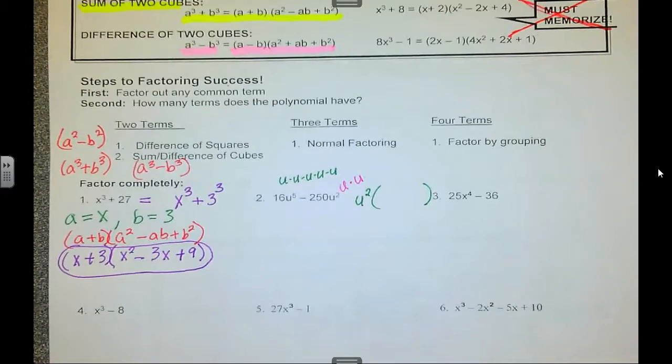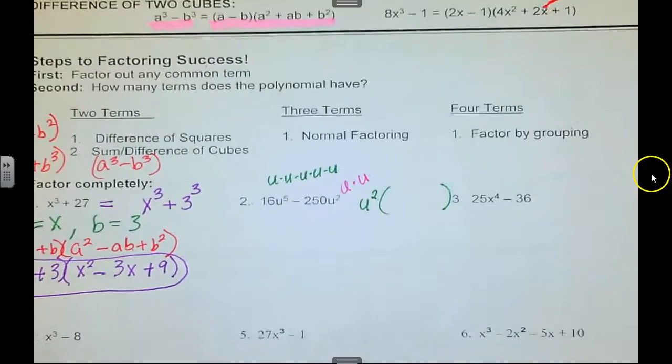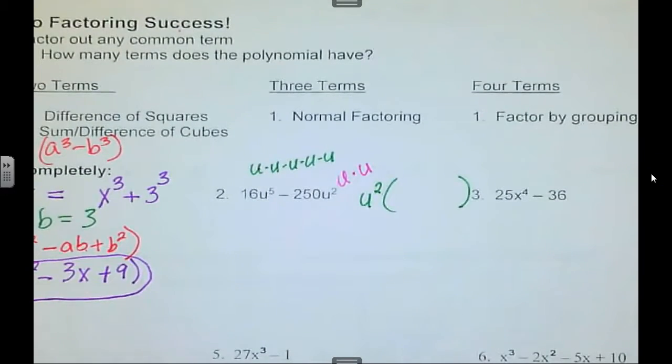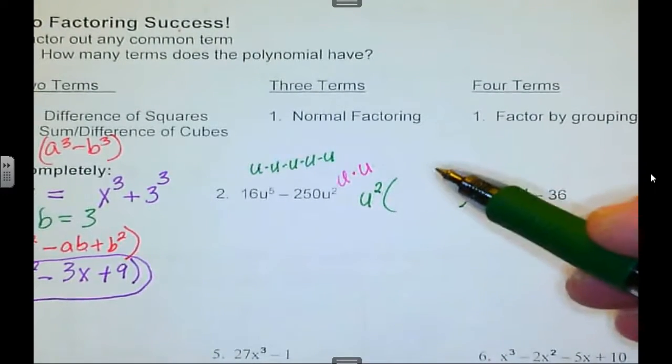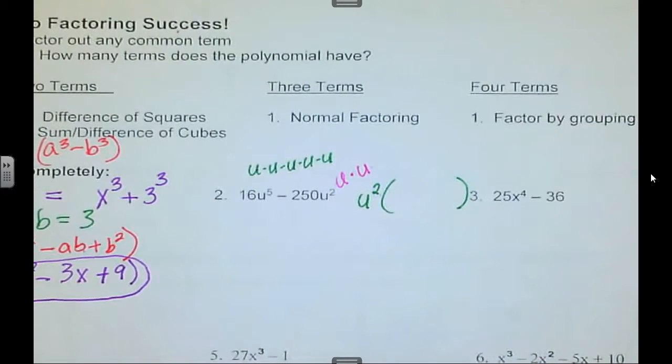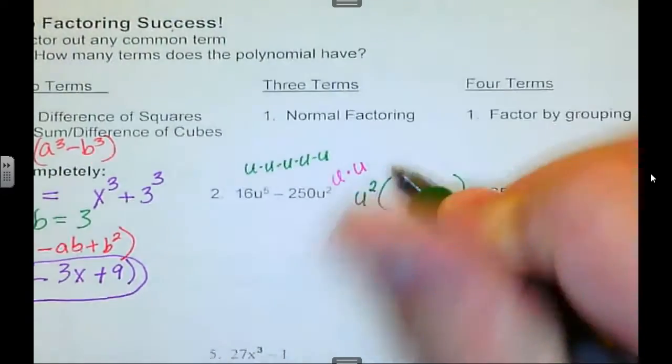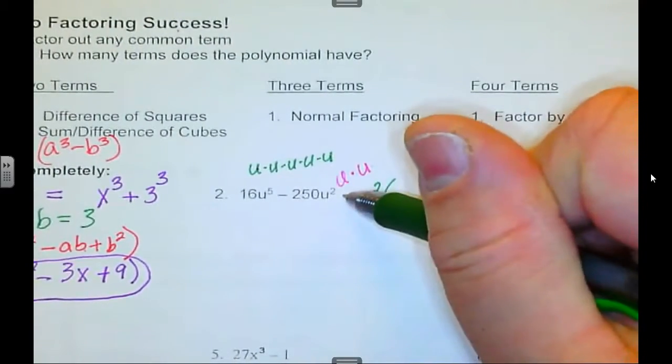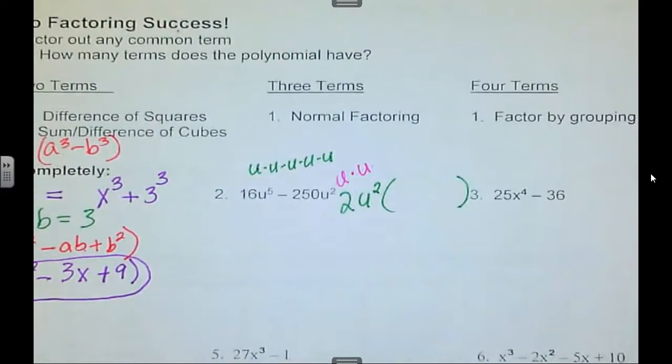I think you're right. I think you can only take out a 2 here. Yes, the least exponent on the variable. Yes, it's the shortcut. Okay, I gotta take out a 2. I gotta take out 2 Utes.